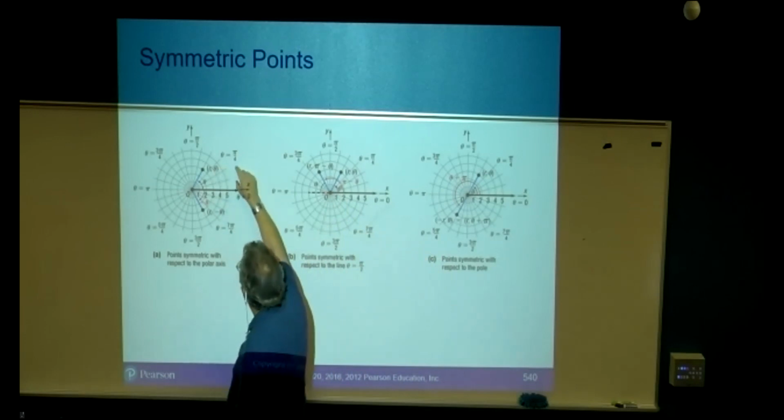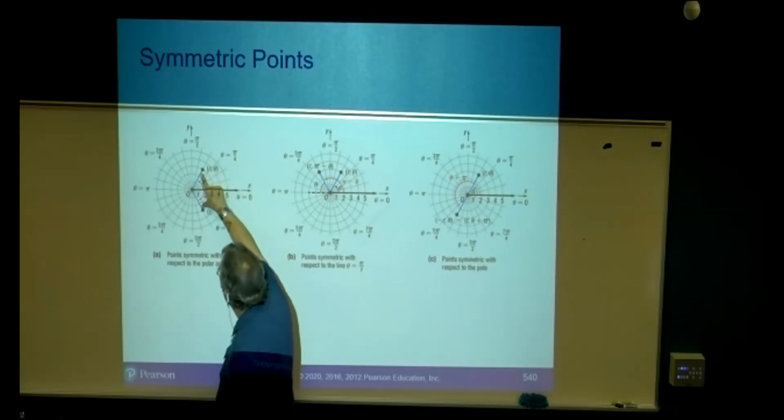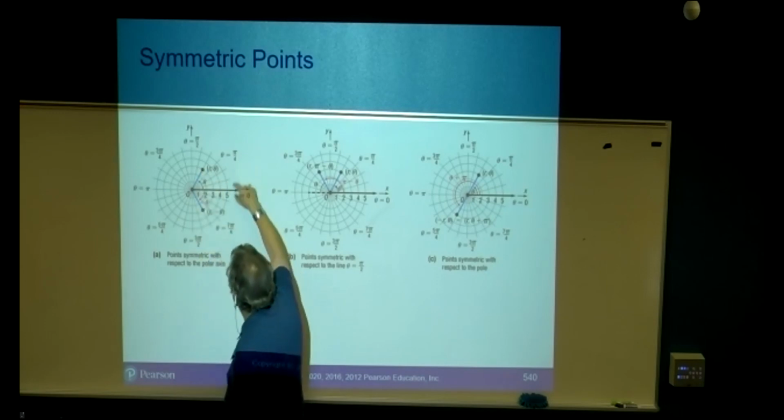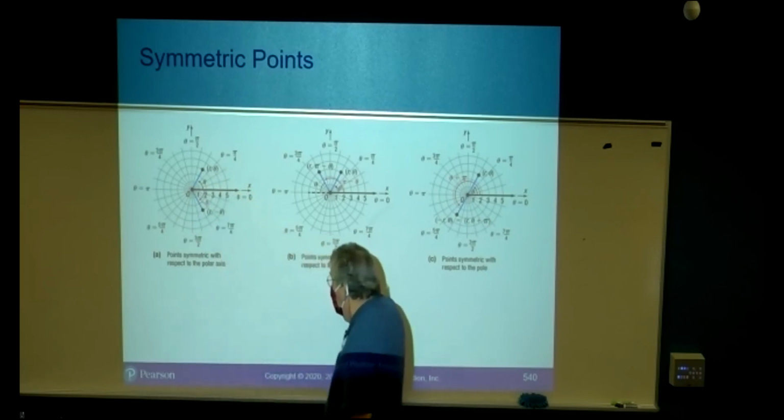So pi over 4 and 7 pi over 4, if r is the same value, then those two angles wind up, because 7 pi over 4 is a negative pi over 4. So if this was 3 pi over 4 and 7 pi over 4, then those 2 points would be symmetric across the polar axis.